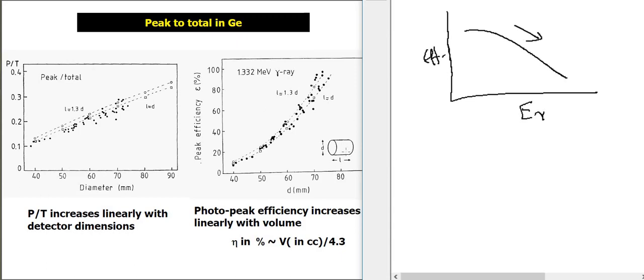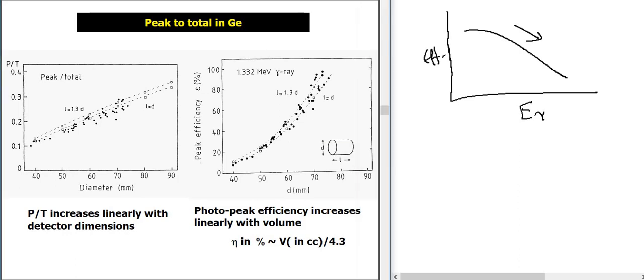Now what about the volume? Here you see this plot. Here I am talking about again full energy peak efficiency, but I have taken a cylindrical coaxial geometry, and here I have shown the efficiency as a function of this D. What is D? This is the diameter. So if I increase the D, or the volume, you see the efficiency increases.